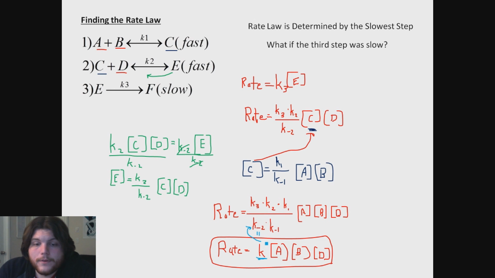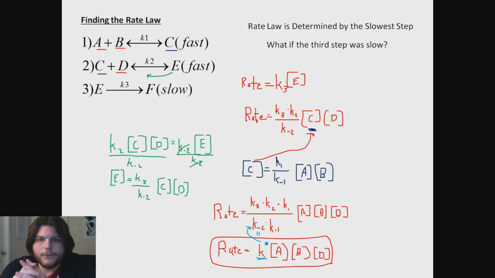One last thing I want you to keep in mind is that whatever reaction you're looking at may not be these exact steps, A, B, C, D, E, and F. It might be hydrochloric acid. It might be copper compounds. It might be all sorts of crazy chemicals. The process here is still the same.